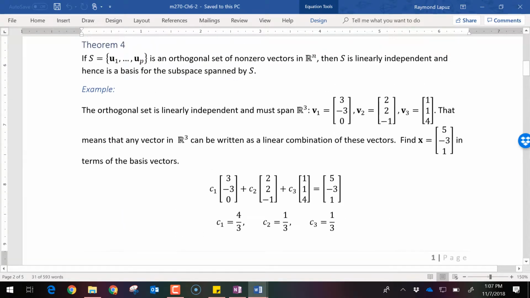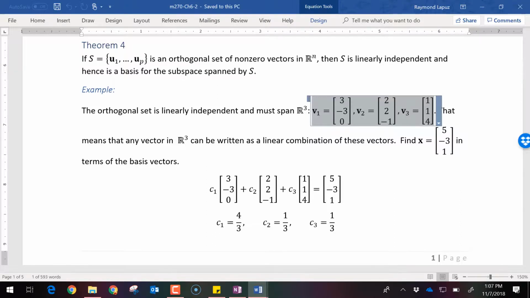Oh, and this example that I had in the notes, because they're a basis, then we should be able to get to anything in that subspace. Now, in this example, in R3, I have 3 orthogonal vectors. Because they're orthogonal, they're linearly independent. Because there are 3 linearly independent vectors in R3, they must span all of R3.